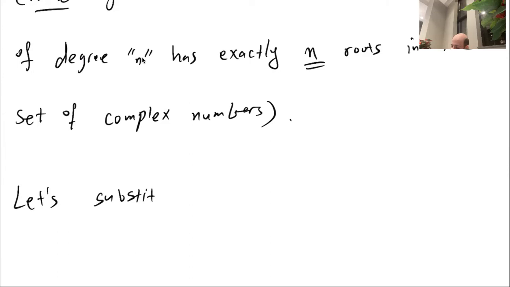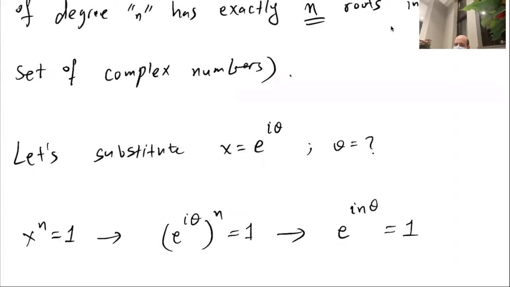And that means e to the power i n theta equals 1. I wrote x as e to the power i theta, x to the power n is 1. That means e to the power i theta, the whole to the power n equals 1. And e to the power i theta, the whole to the power n can be written as e to the power i n theta.